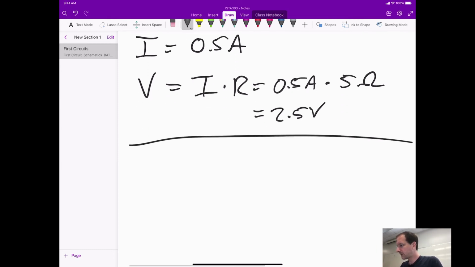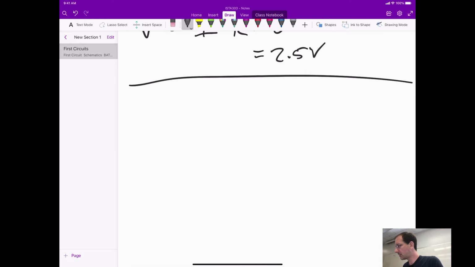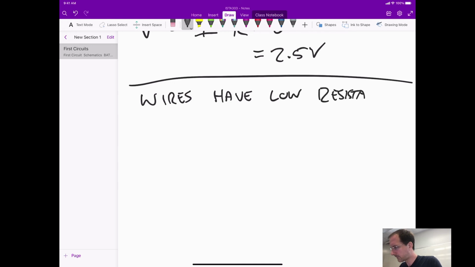Now, I told you that we don't consider the wires a lot of the time in a circuit, and that's because wires usually have very low resistance. Generally less than an ohm.